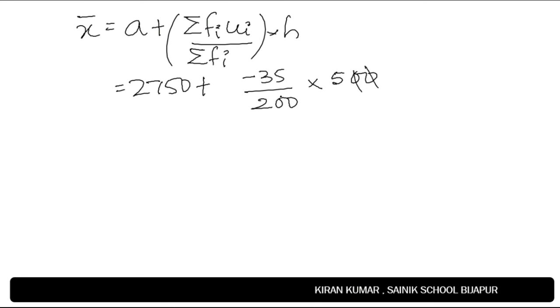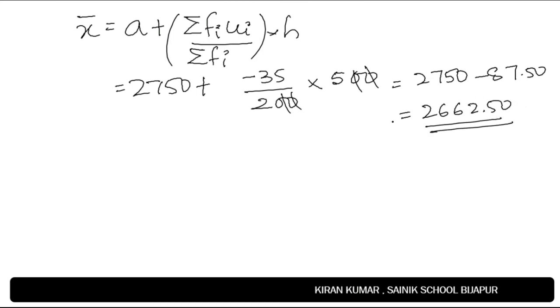Two of the zeros will get cancelled. We get 2750 and this becomes negative 87.50. So 2662.50 will be the mean.